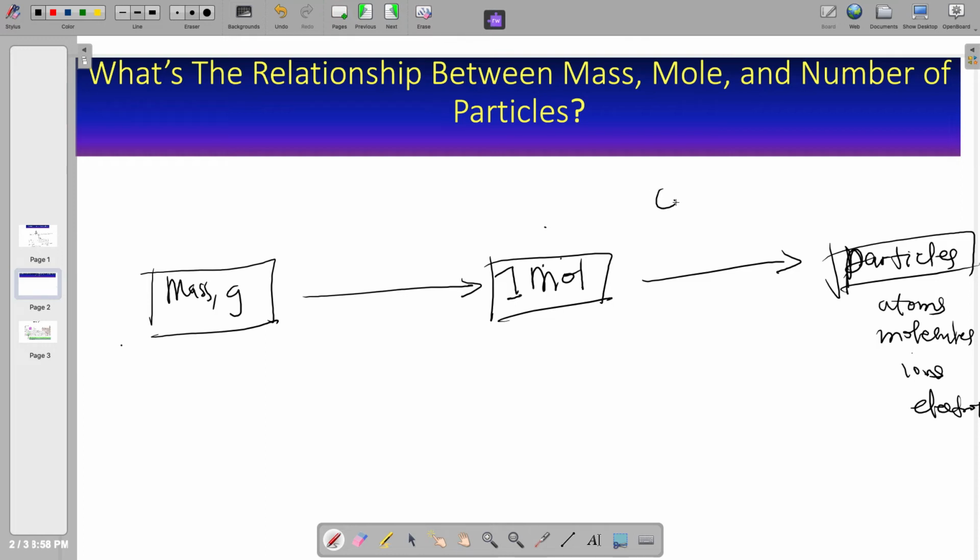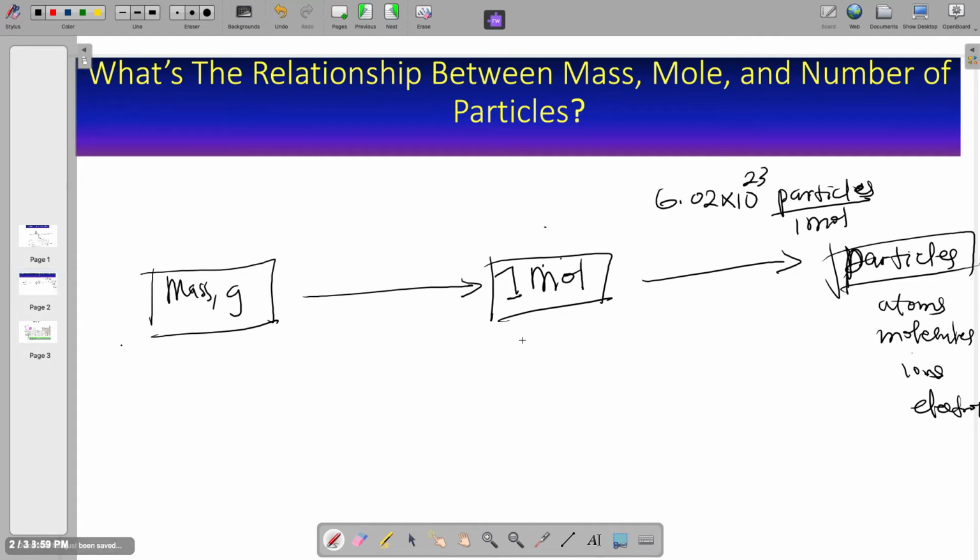So we'll have 6.02 times 10 to the power 23 particles here per 1 mole. Okay, so this is the conversion factor that we need to go from moles to particles.